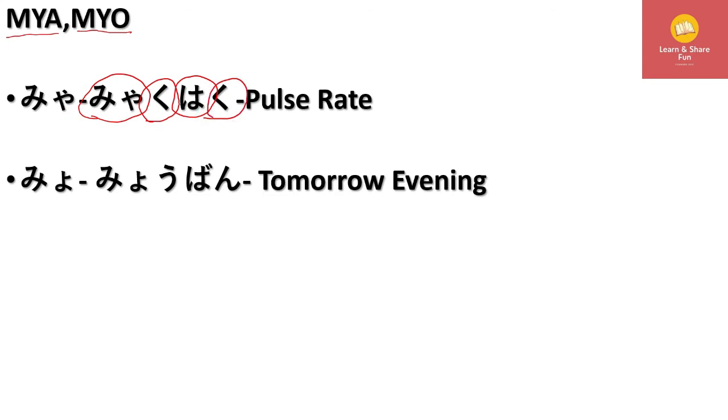Myaku haku means pulse rate. Next, meow. A word with meow is myoban. Myoban means tomorrow evening.